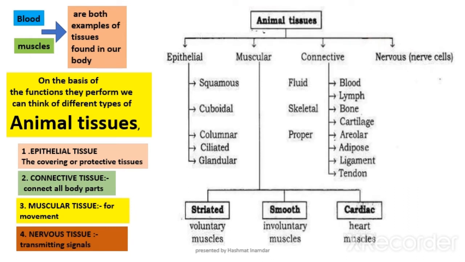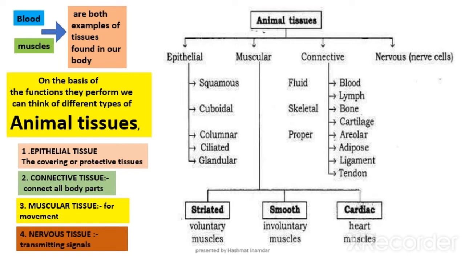So here is a flow chart of animal tissues. Animal tissues are broadly categorized into 4 types: epithelial, muscular, connective and nervous tissues. They have further subtypes. Epithelial has, based on its shapes, squamous, cuboidal, columnar, ciliated and glandular, whereas muscular tissues are further classified as striated, smooth and cardiac.